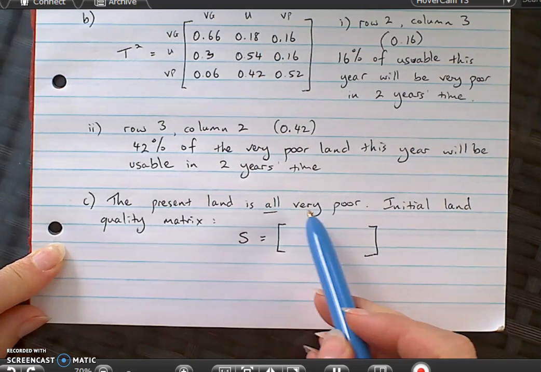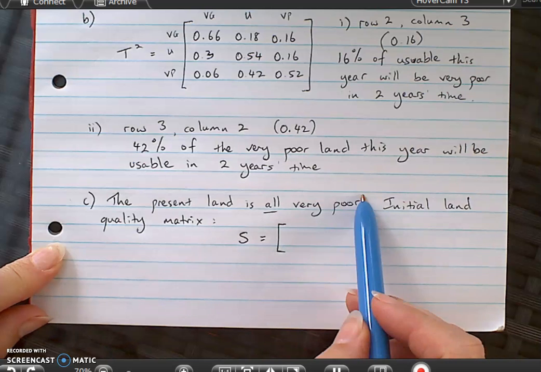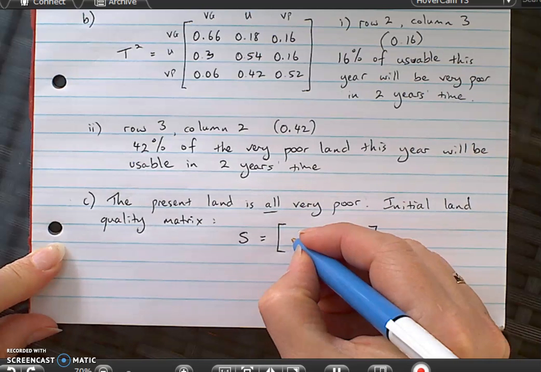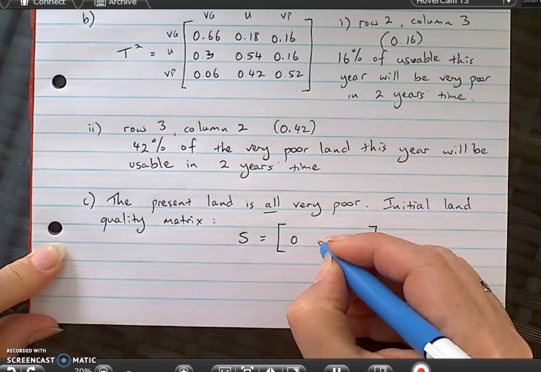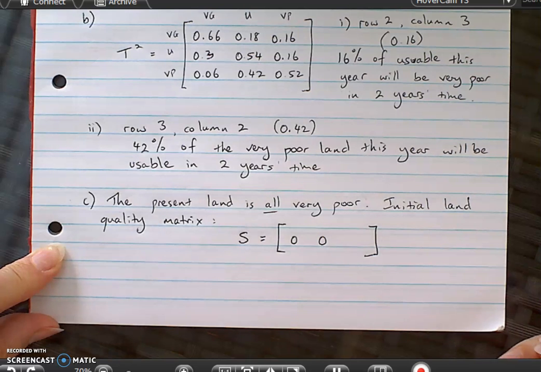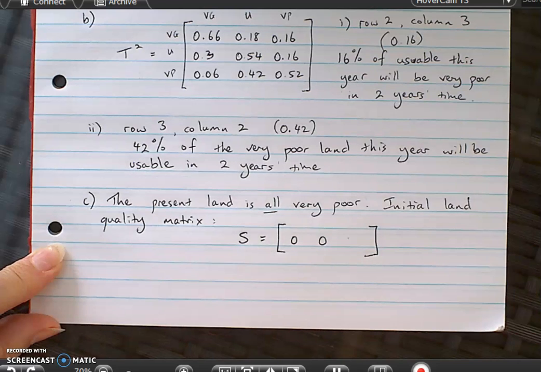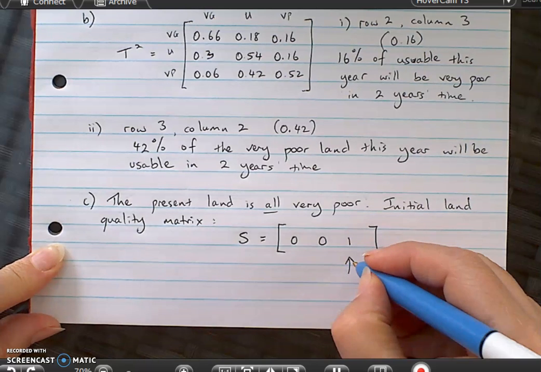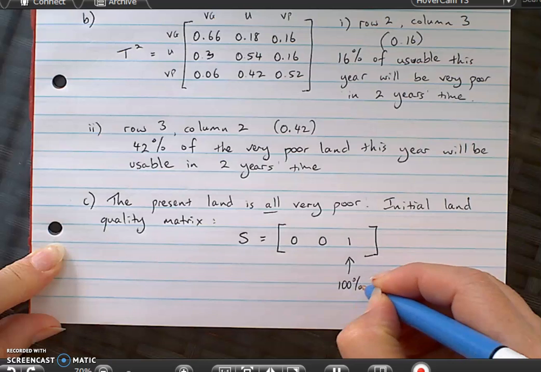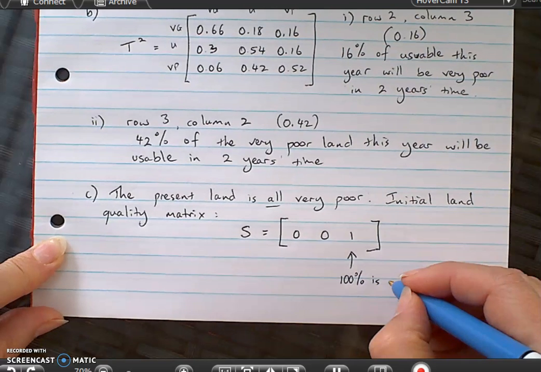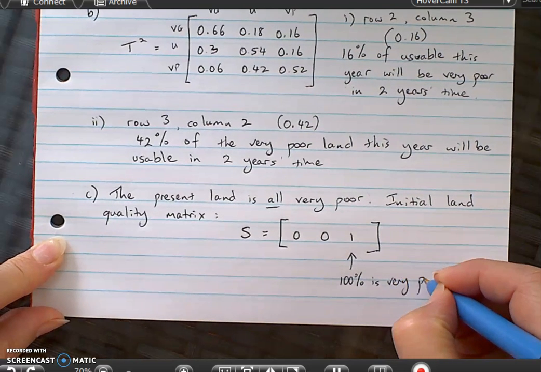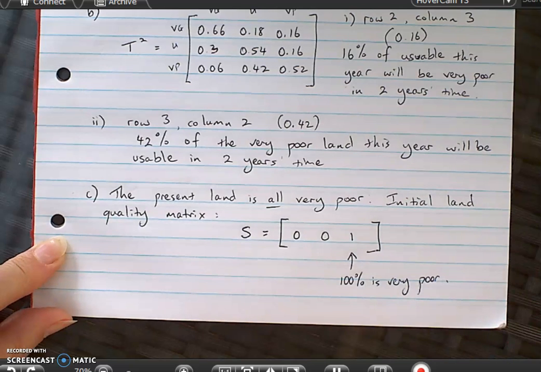And they're telling you the whole lot of the land is very poor. So that means 0% is very good, 0% is usable, and the whole thing is very poor, so that would be just a 1. So 100% is very poor, which is not good. That's not what you want as a farmer.